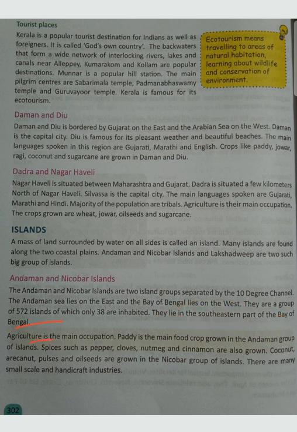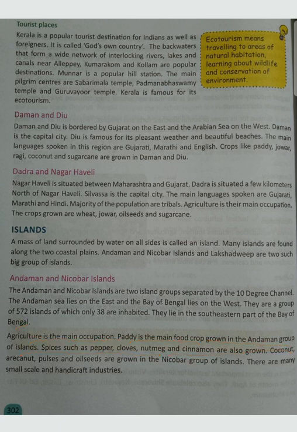And then agriculture is the main occupation of the people of the Andaman and Nicobar Islands. Paddy is the main crop grown in the Andaman group of islands. Spices such as pepper, cloves, nutmeg, cinnamon are also grown.